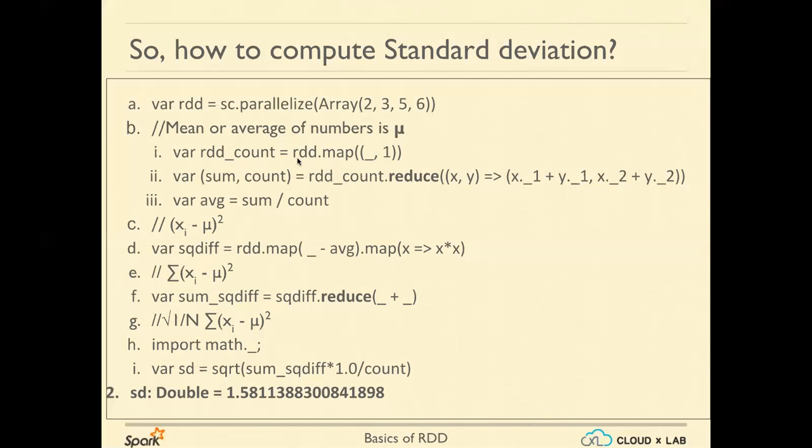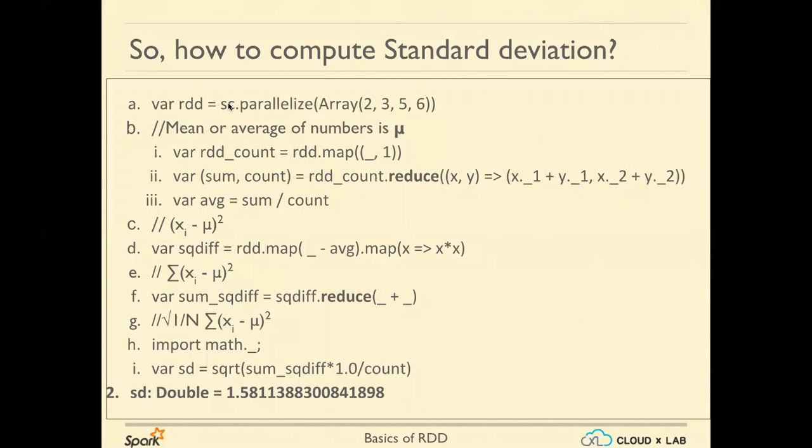This RDD is a Spark variable. It's not a Scala collection. So the moment you say parallelize, it became an RDD. Because we are using sc.parallelize, Spark context dot parallelize, it creates an RDD for us instead of a local collection.